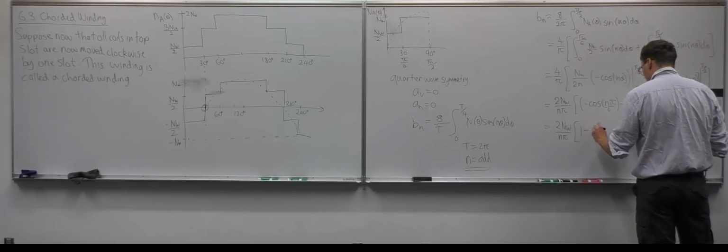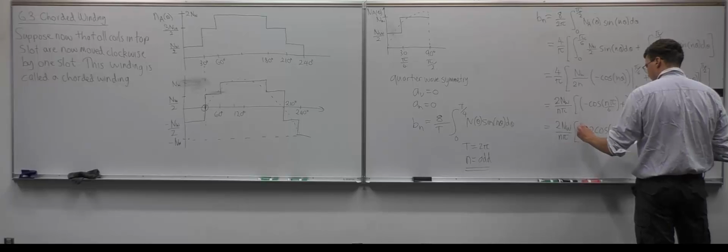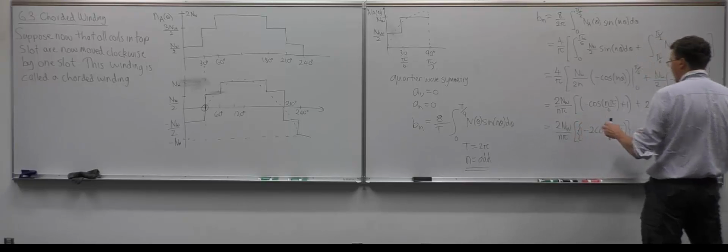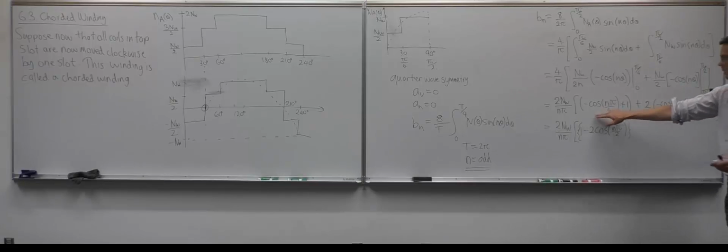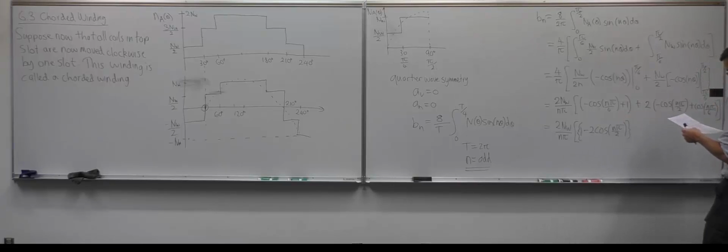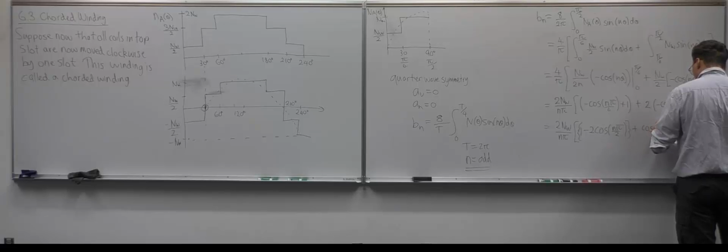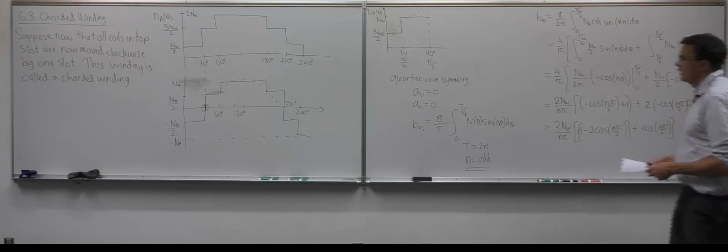So we have minus 2 cosine n pi over 2, okay? And then we've got a 2 times cosine n pi over 6 and a minus cosine n pi over 6, so that gives us plus cosine n pi over 6, like that.